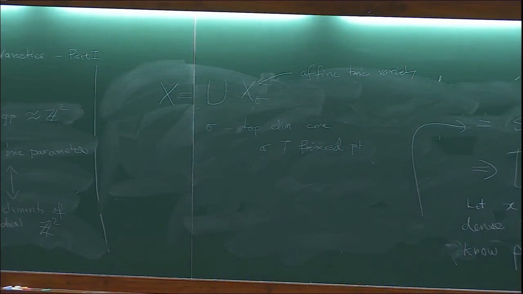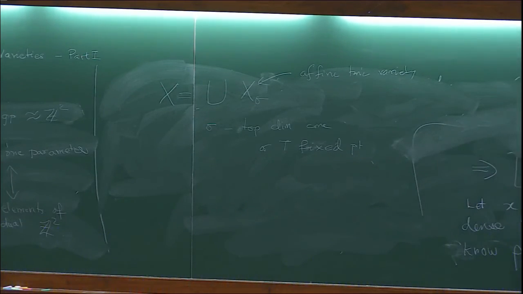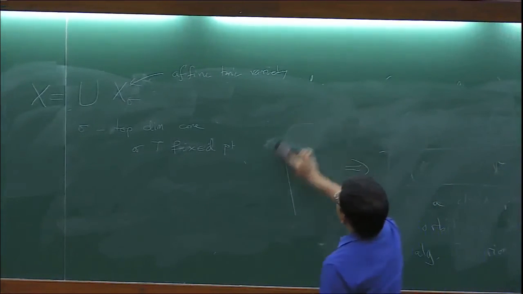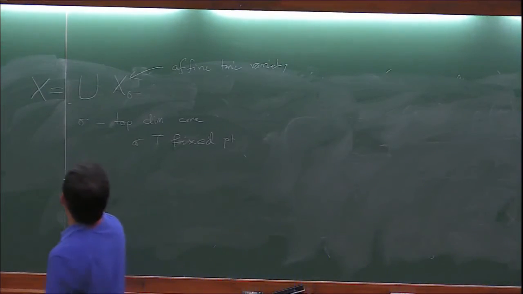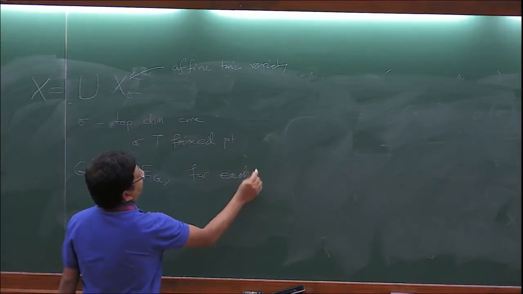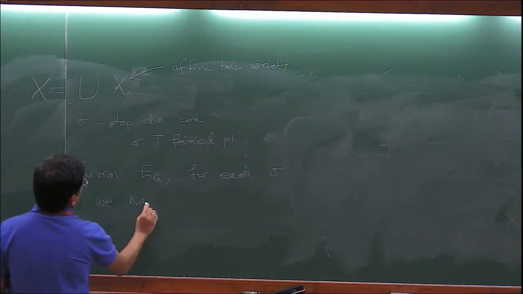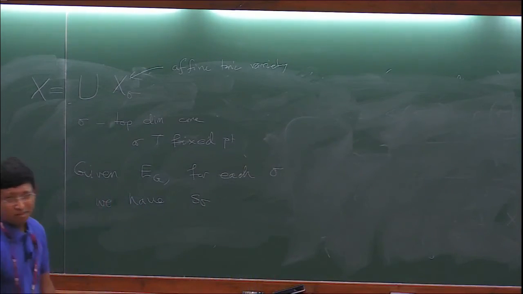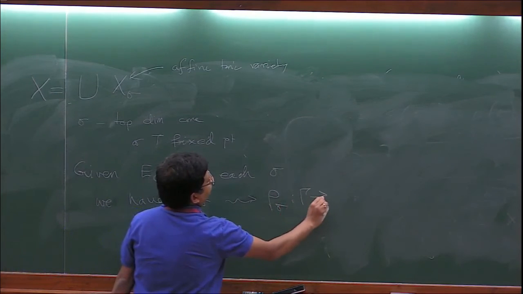On each one I have a section S sigma and a homomorphism rho sigma. So given a gamma equivariant principal bundle EG, for each sigma we have at least one S sigma and an associated rho sigma from gamma to G.